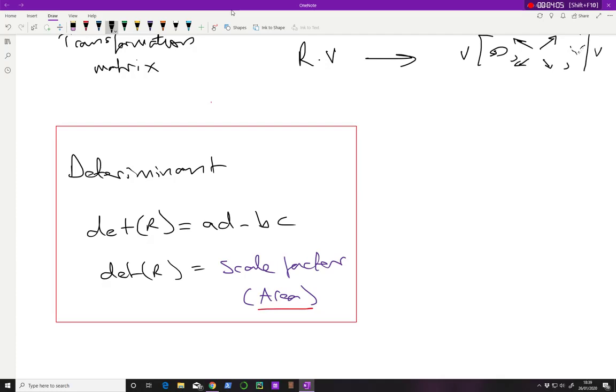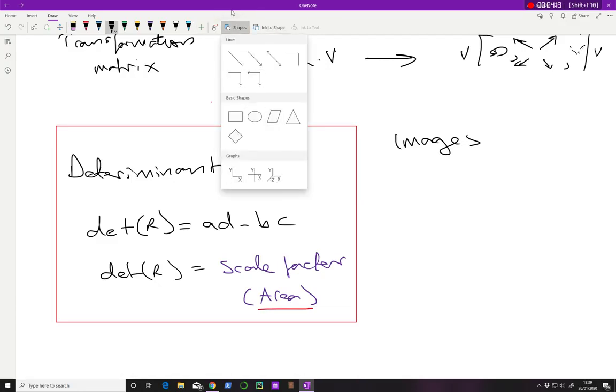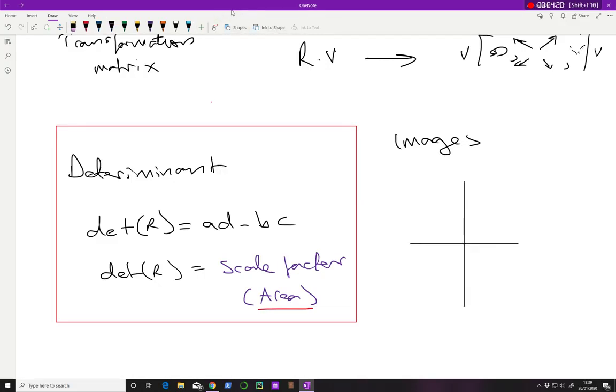The other thing you should know about is the use of images. Okay, so the images of unit points or unit coordinates. So on a Cartesian grid in x and y, so that's the y-axis and that's the x-axis, and this is the origin here.